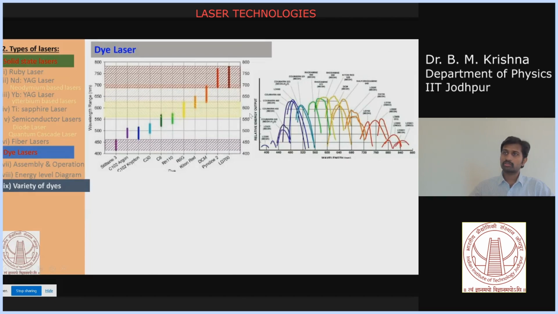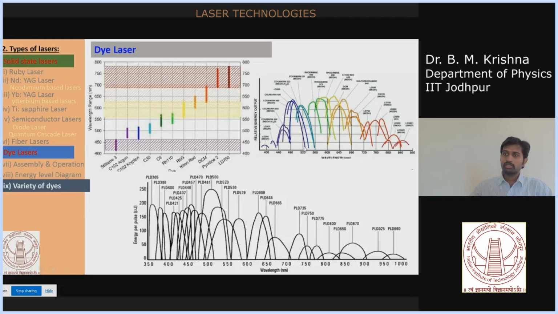So that is the relative energy output. You get high energies from above 450 to around 650 nanometers, because you need strong absorption cross sections to get high lasing action or laser powers. A wide variety of dyes are available in the market.